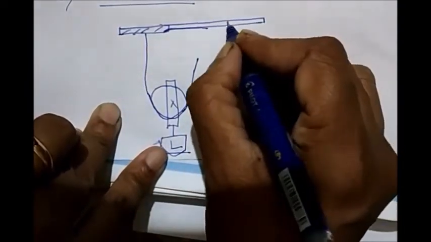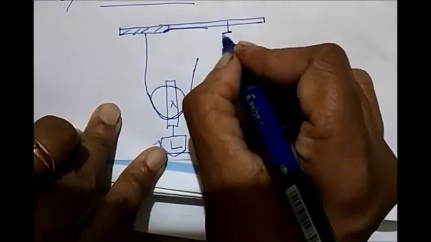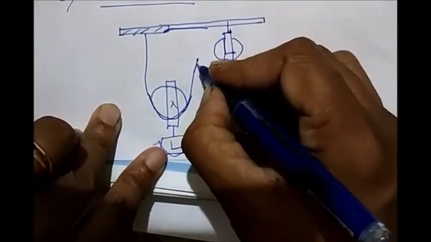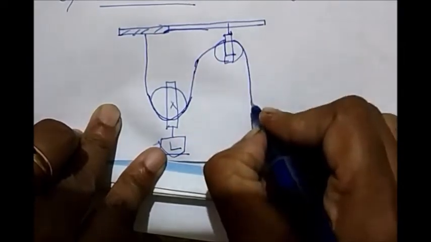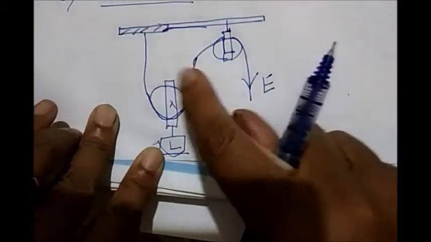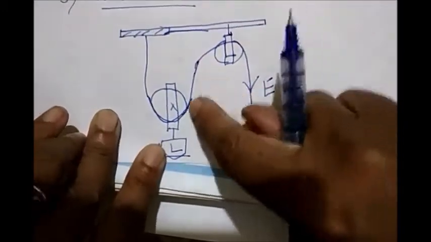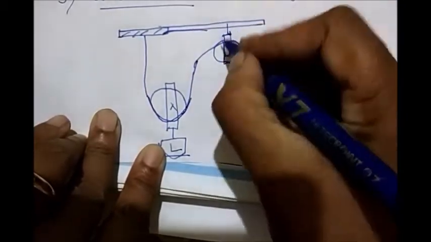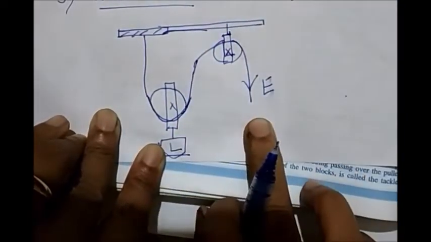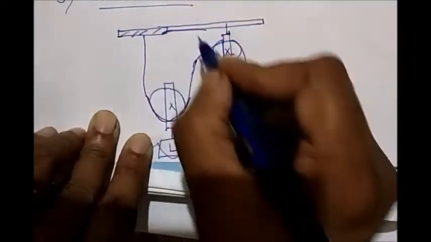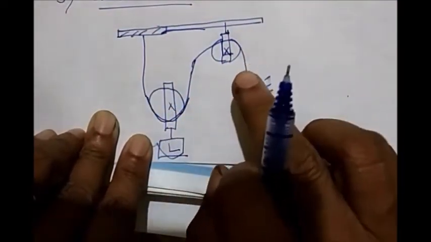So we are going to connect another fixed pulley here. And then this rope will pass through this fixed pulley and come out here, and you will apply the effort here. The effort that you were applying here is being transferred to here, being made to pass through another fixed pulley. So your effort is now again back in downward direction. So this is called combination of fixed and movable pulley.